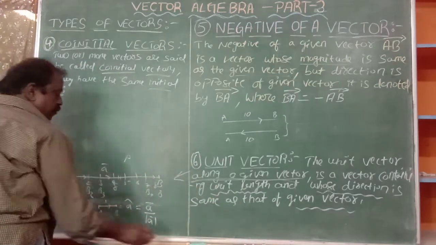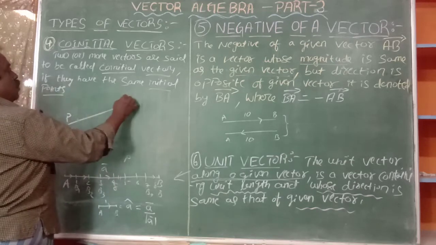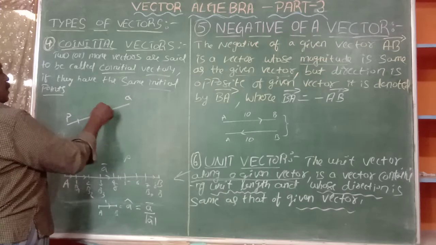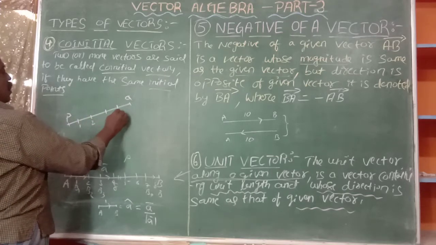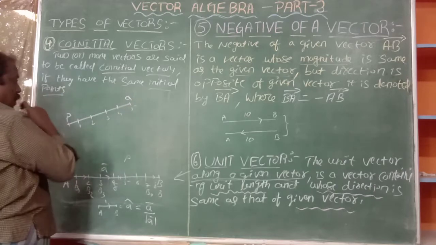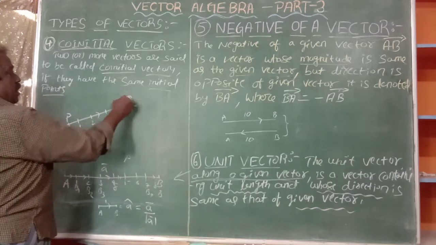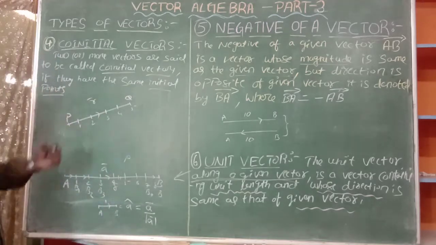You see, suppose PQ is a vector. It is containing 5 units. 1, 2, 3, 4, and 5. Now the direction is PQ bar. Let it be R bar, singly with a single letter R bar.